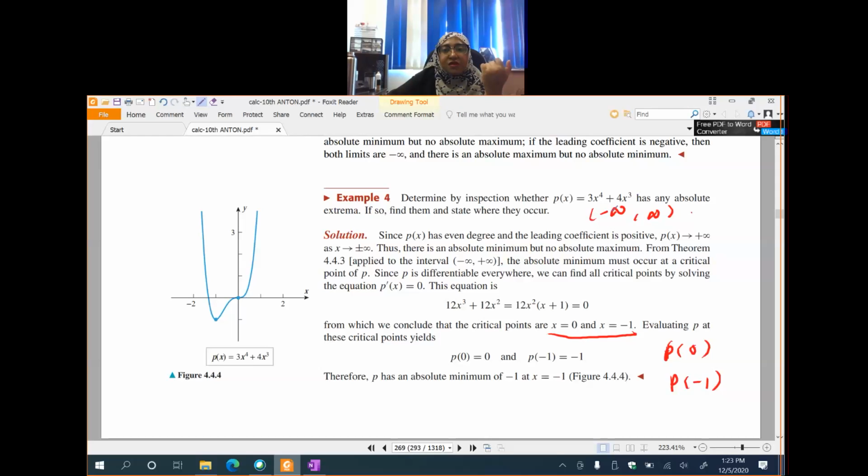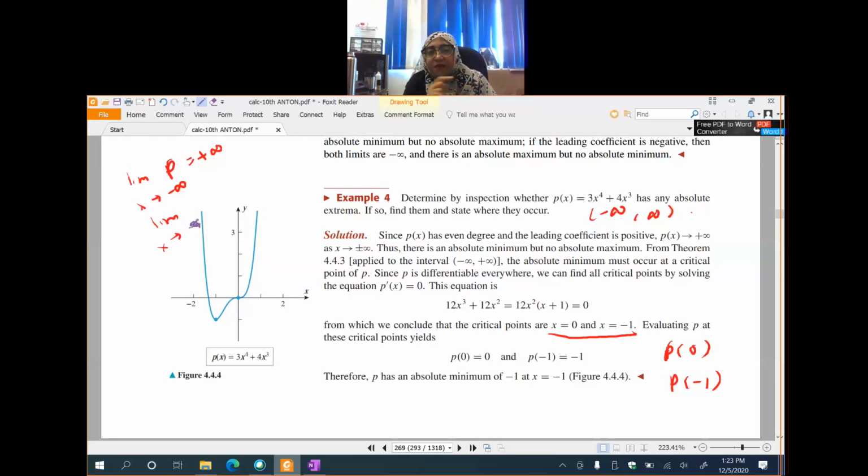But then you have to check the endpoint behavior as x tends to negative infinity and as x tends to plus infinity. The limit of p as x tends to negative infinity, if you substitute it here, will give you plus infinity.